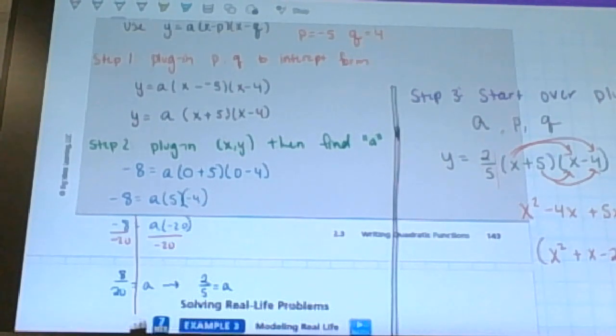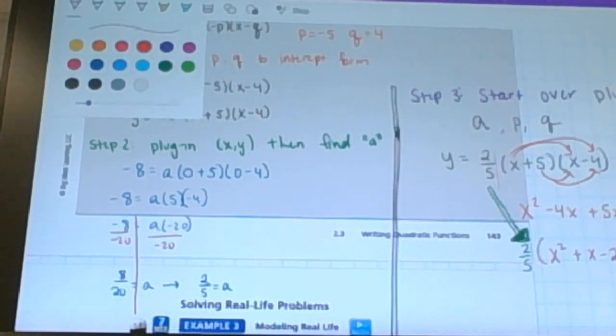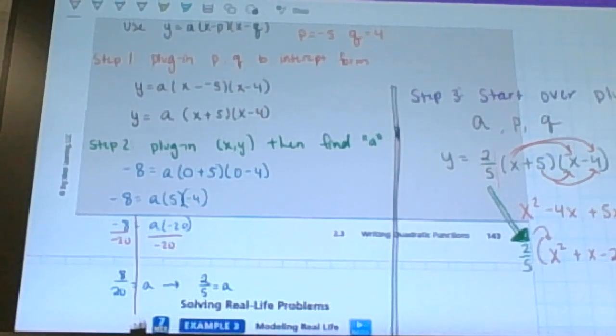Who's got a question about the FOIL part? Alright, so you're feeling really good. You're zooming through a million steps of math. You're going to lose a point if you forget about the a. I was FOILing, but this 2/5 I was ignoring. It's still right out front. So the last thing I have to do before I have 100% full credit is distribute that through.